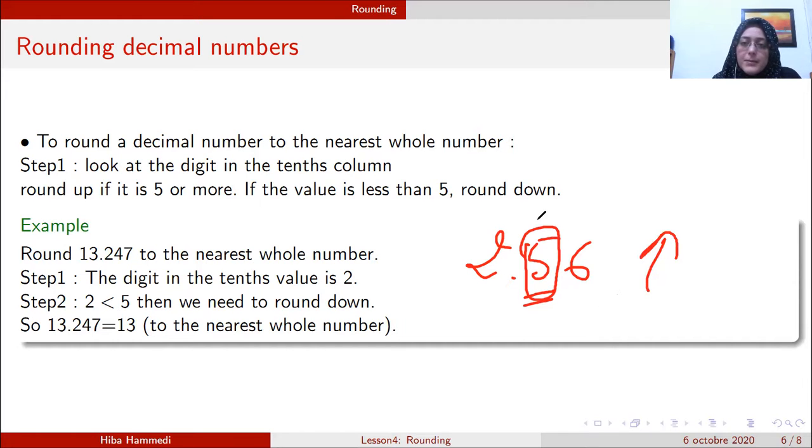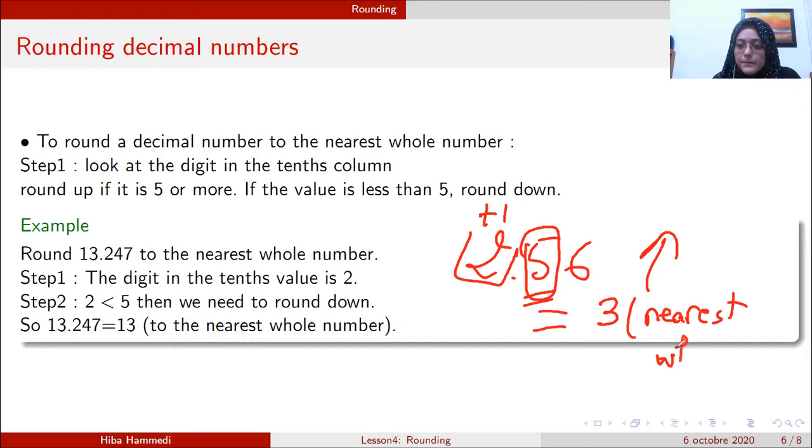And rounding it up, it means I will add 1 to the units. So rounding it up, the nearest whole number is equal to 3. So this is how you round a decimal number to the nearest whole number.